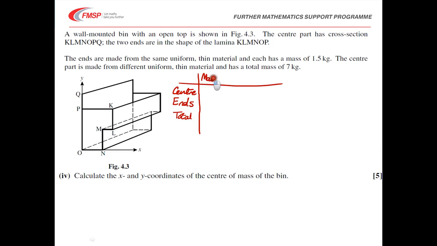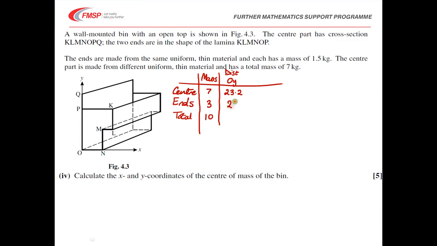Put in my mass column. We know that the solid bit in the middle is 7 kilograms. The ends altogether are going to be 3 kilograms, and the total therefore is 10. The distance from OY for each of these sections: the centre has a distance 23.2, that's from the wireframe model.